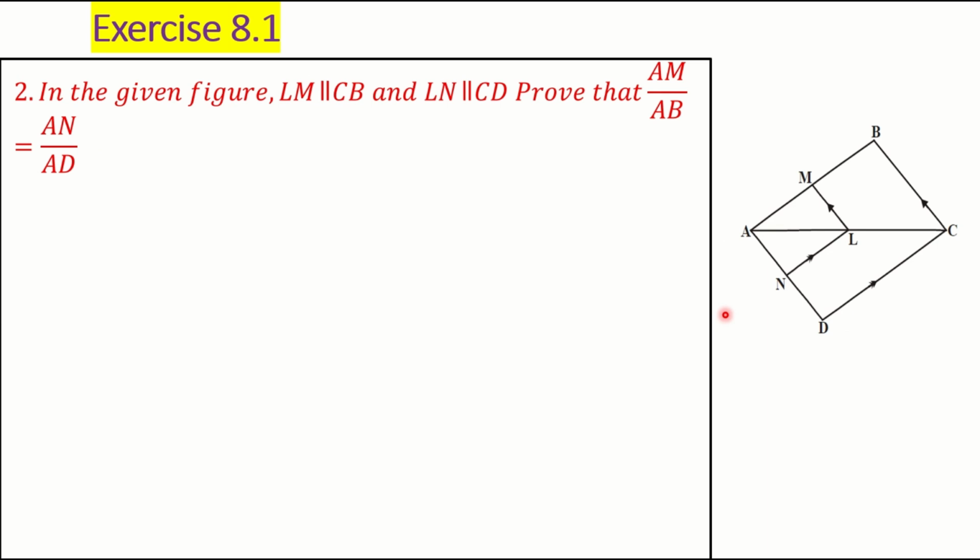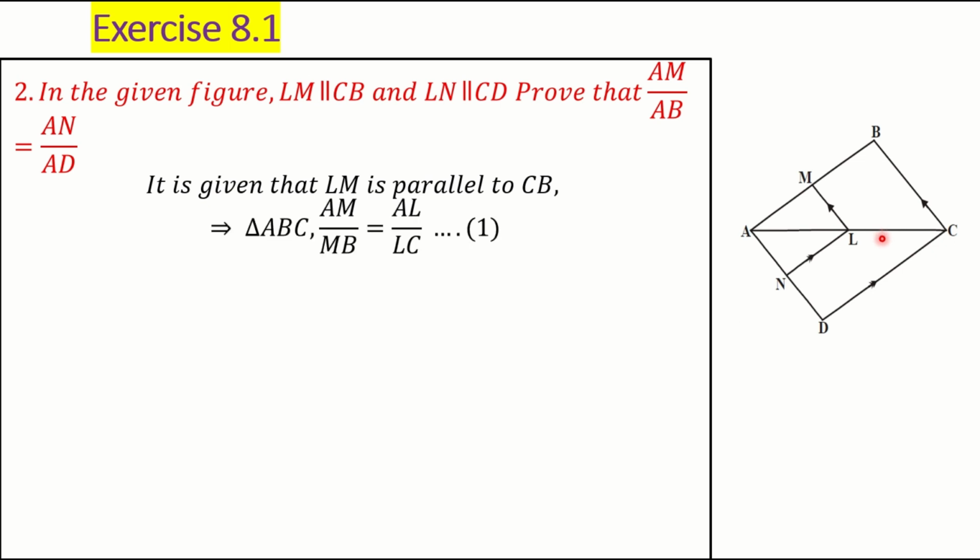If you take ABC as a triangle, then LM is parallel to CB. LM will cut the sides AB and AC in equal ratio, so AM by MB equals AL by LC.